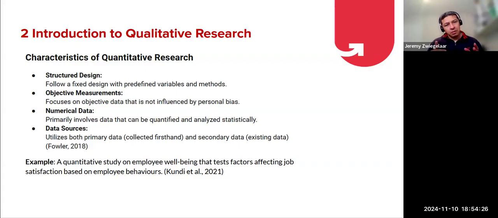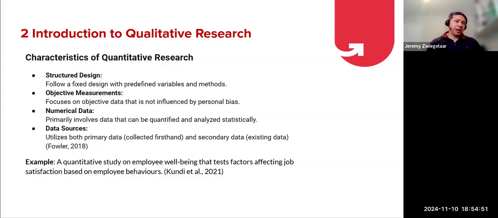So the structure design, meaning that the design that is followed in terms of quantitative research is generally quite fixed, as in it's quite formulaic. It follows a pattern, and it's a fixed design with predefined variables and methods, right?